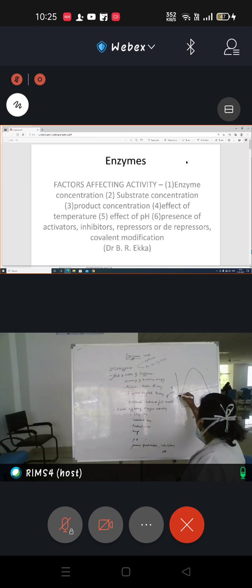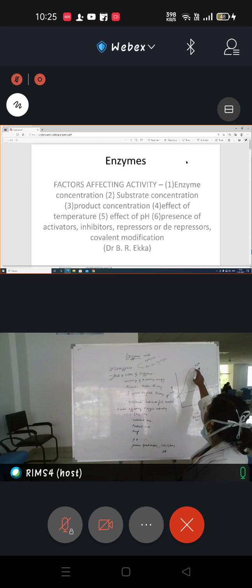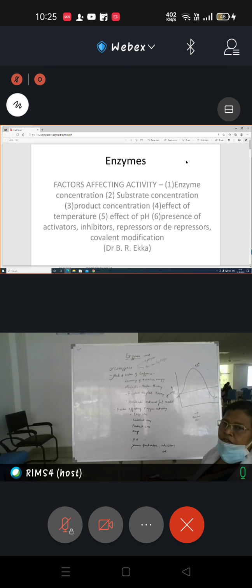Suppose we have substrates A and B, they go into a transition state. Suppose the free energy is 0 here, the maximum free energy will be at AB, this is the transition state, and it goes into the formation of the products C and D.